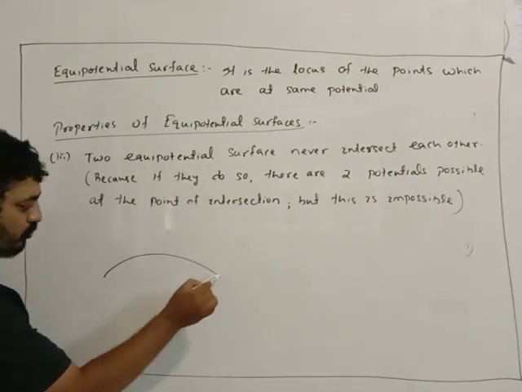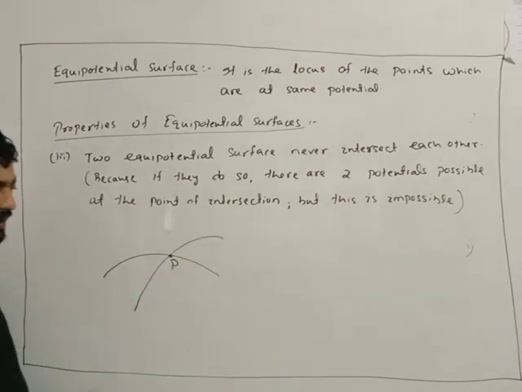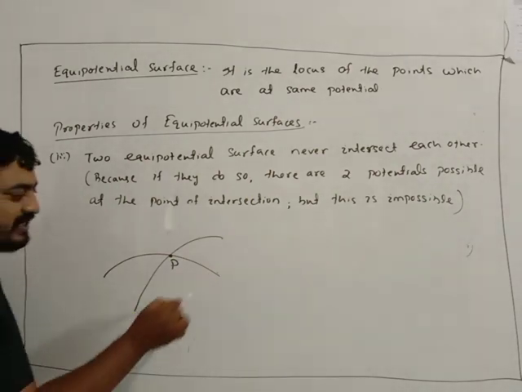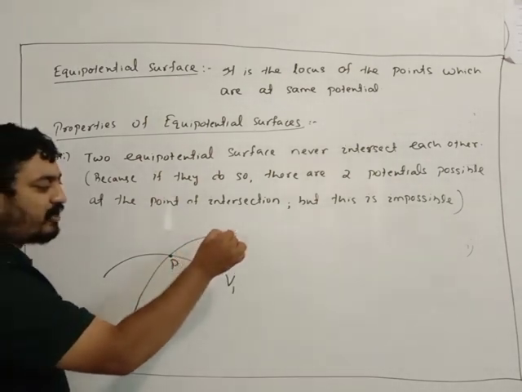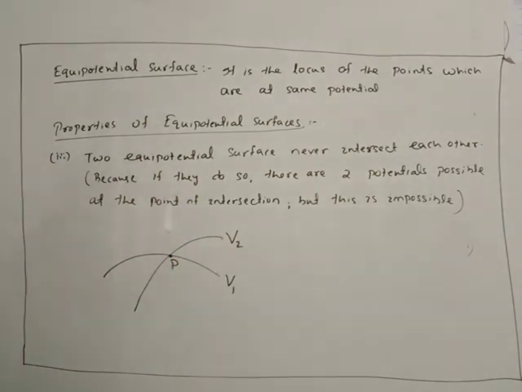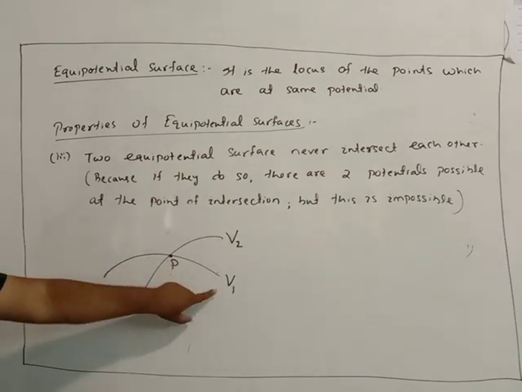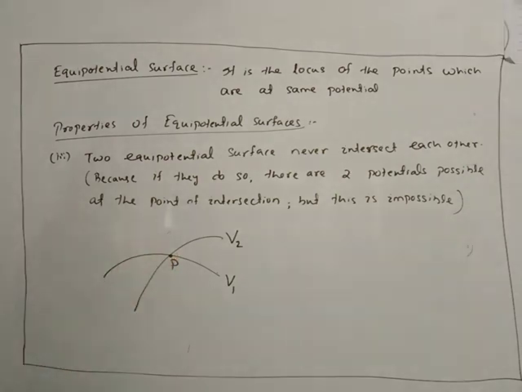Suppose two equipotential surfaces intersect each other at point P. Now, let first equipotential surface has a potential V1 and the second equipotential surface has a potential V2. So, on every point of the first surface, the potential is V1. On every point of the second surface, the potential is V2.